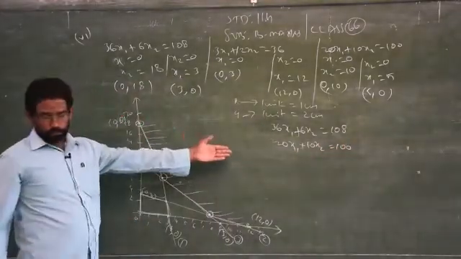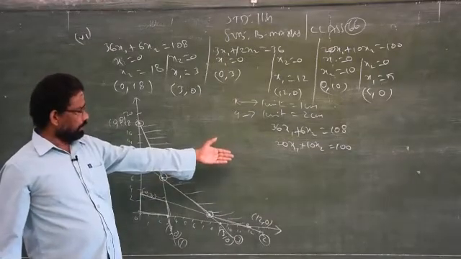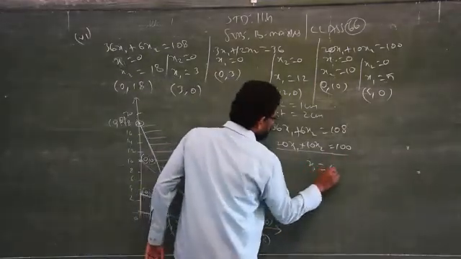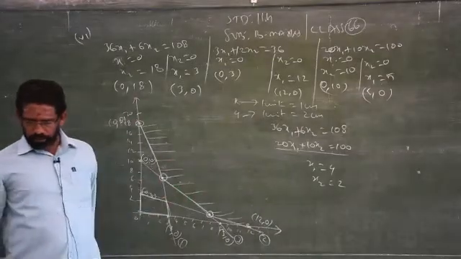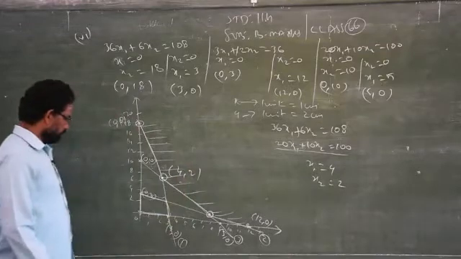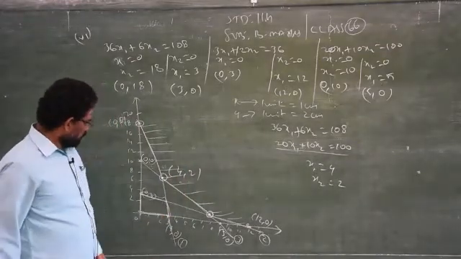Now you have to take these and solve. After solving these two, you get x1 is equal to 4 and x2 is equal to 2. Just solve and check whether you get the correct answer. So this is 4 comma 2.